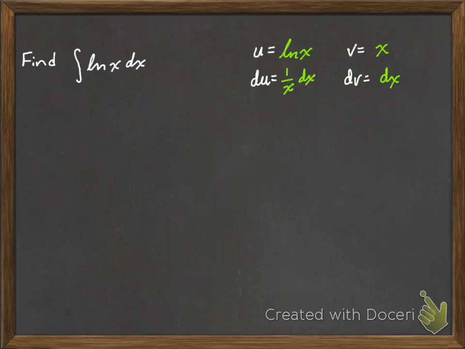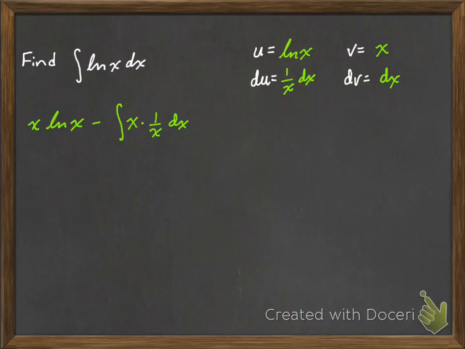Our formula is u times v, so that will be x times ln x minus the integral of v du, or v u prime, which would be x times 1 over x dx.